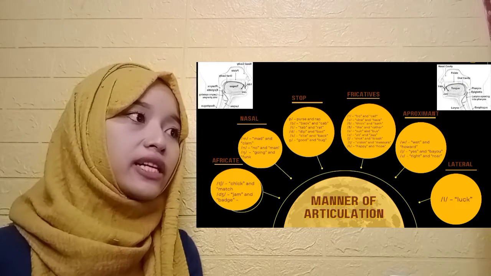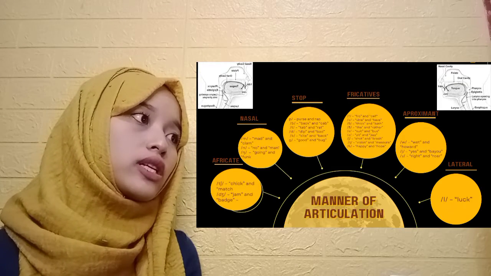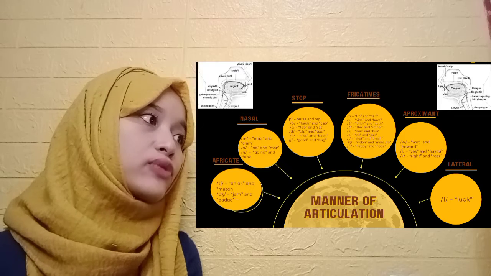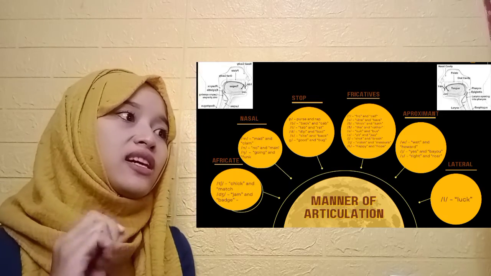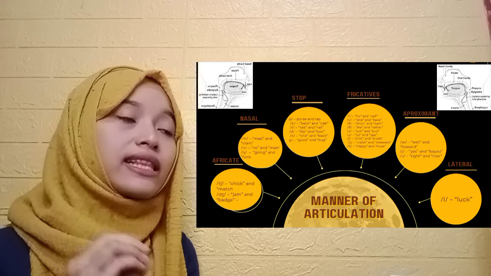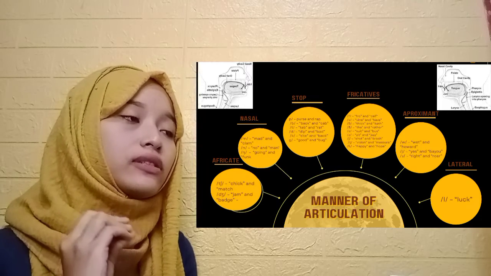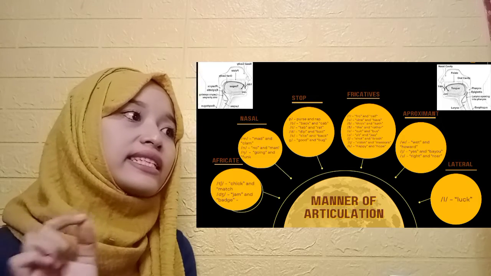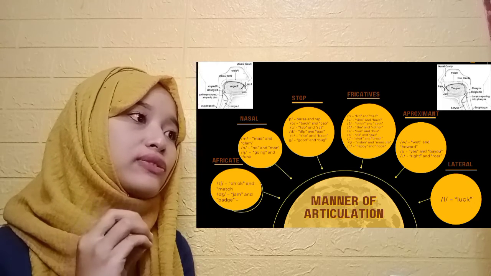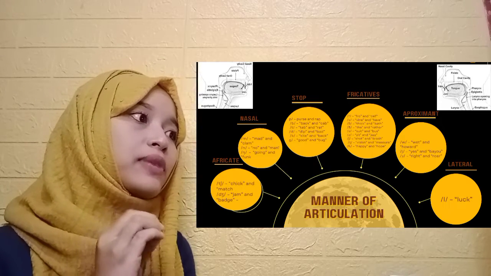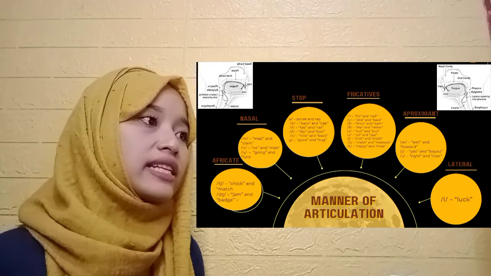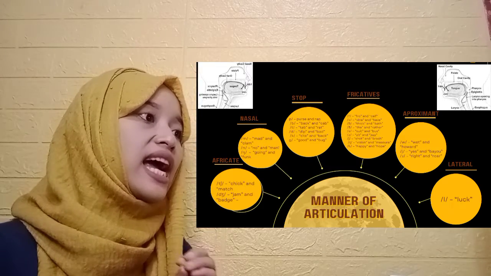Third is affricate. An affricate results from a sequence of a stop and a fricative in rapid succession. So the affricate, ch, represents the t plus sh, just as j results from d plus zh, as in church and match.